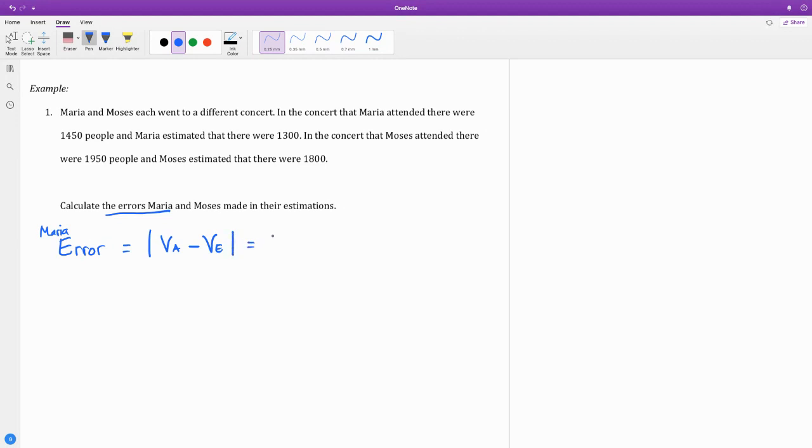The approximate value is 1,300, that's what Maria estimated, minus 1,450, the real one.